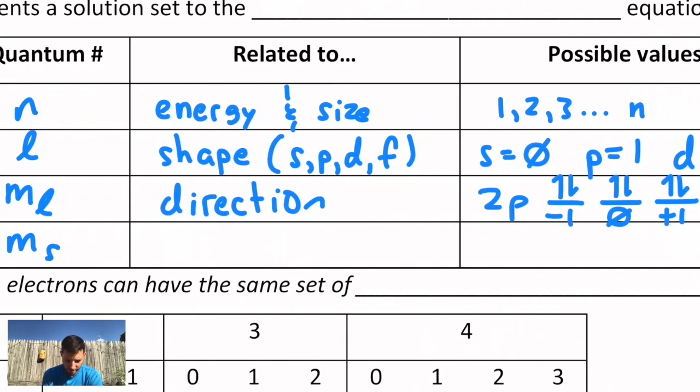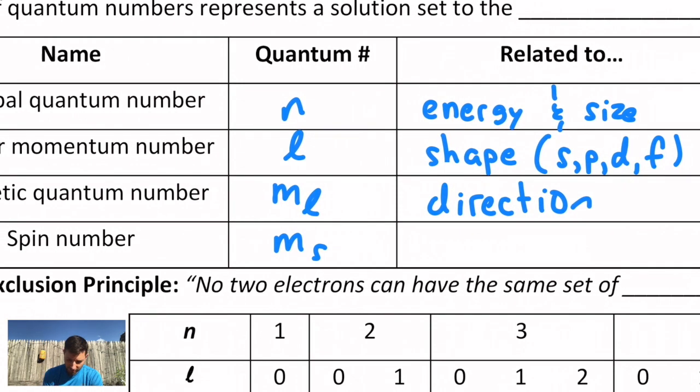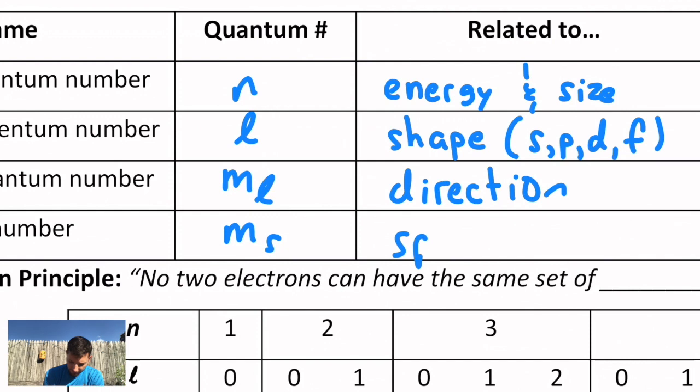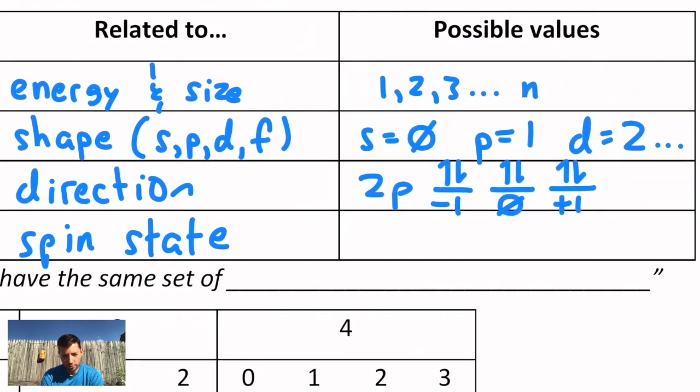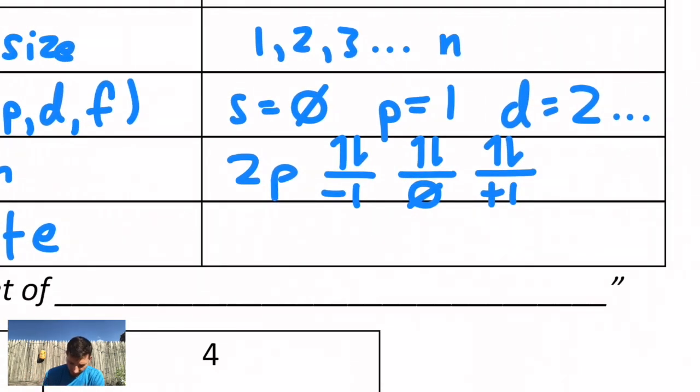That's the notation. You'll see what I mean when we look at some examples in a moment. And then the last quantum number refers to the spin number, and that refers to what's called the spin state. And this can either be an arrow up or an arrow down. If it's an arrow up, we give it a positive 1/2, and if it's an arrow down, we give it a quantum number of a negative 1/2.